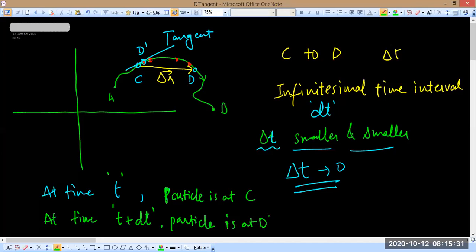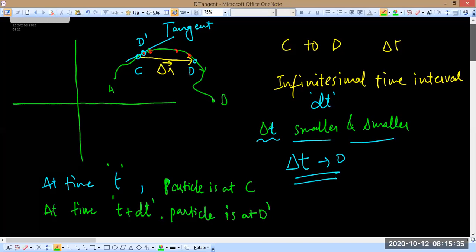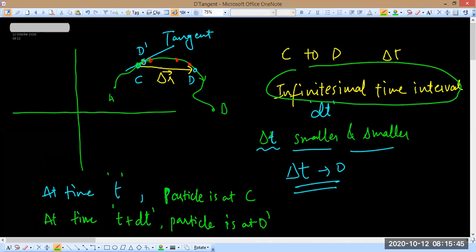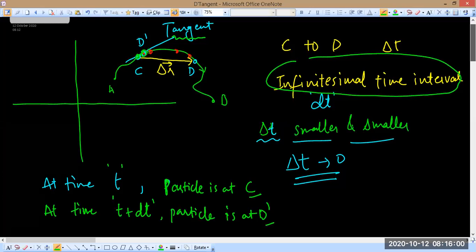So here, when we take infinitesimal time intervals, in that infinitesimal time interval, the displacement is from C to D dash. But you see that displacement is in direction of tangent, right? That displacement is in direction of tangent.